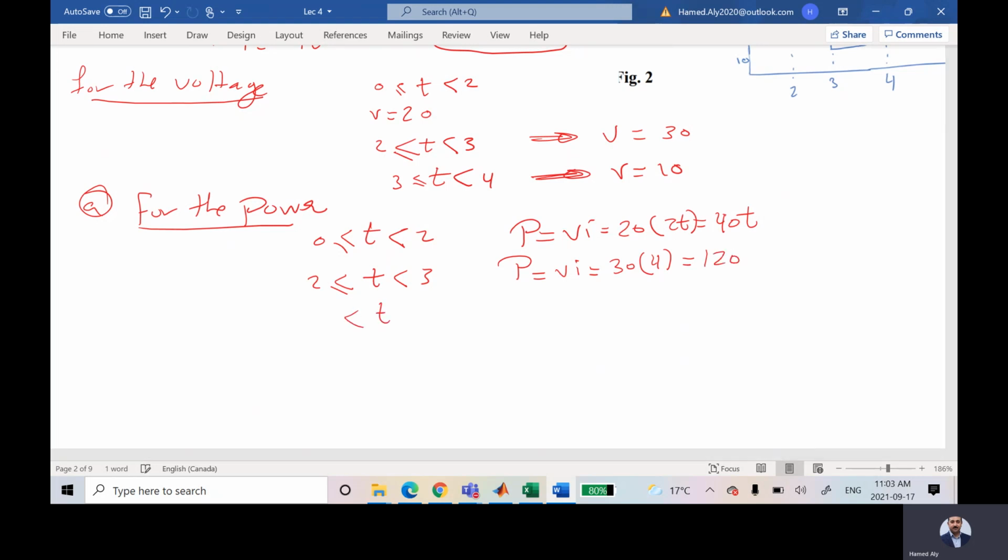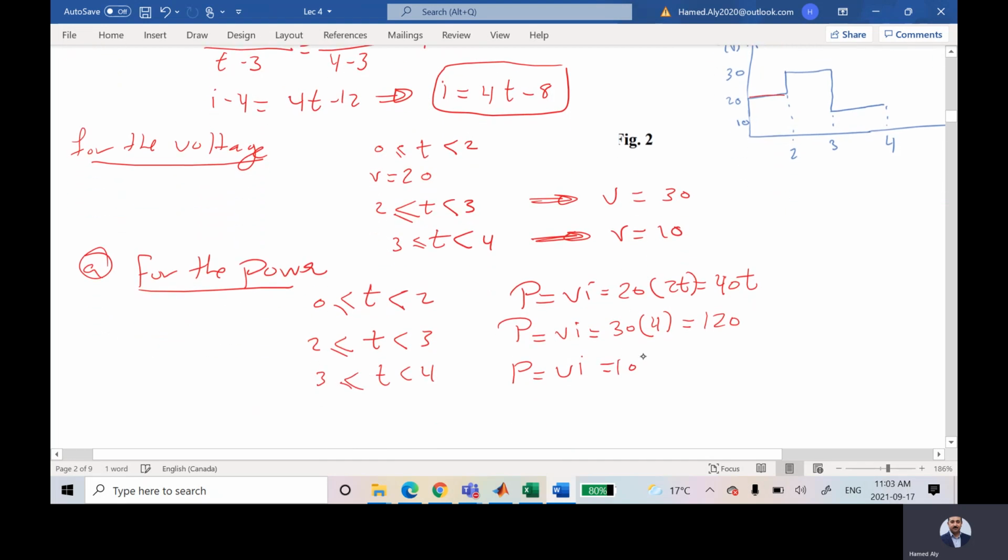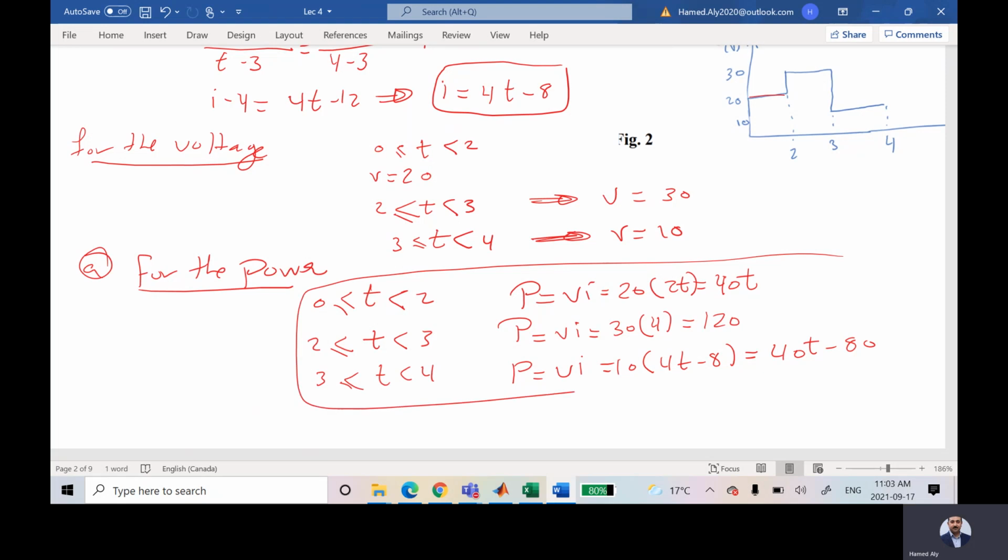And for the last one, from 3 up to 4, P is equal to V times I. So V was equal to 10 and I was equal to 4t minus 8. At that time, I will have 40t minus 80. This is what I need.